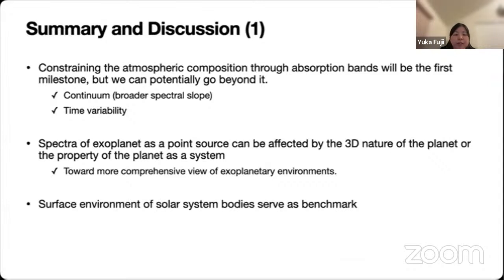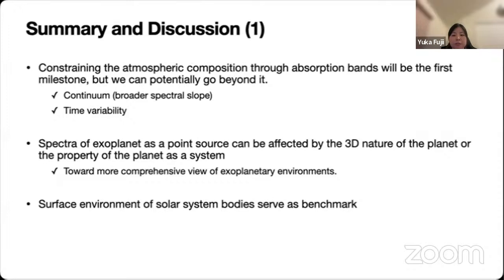So finally, I'd like to conclude with a summary and discussion. In this talk, I have focused on how to infer the surface environment of planets, particularly by looking beyond atmospheric spectroscopy and focusing on the properties of the continuum and also time variability.